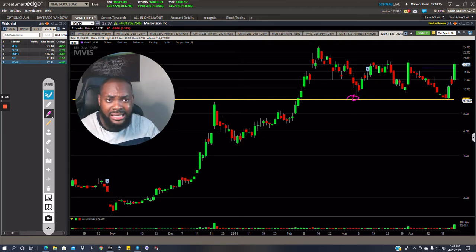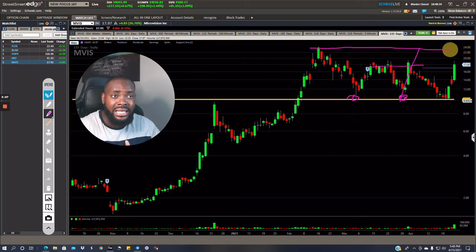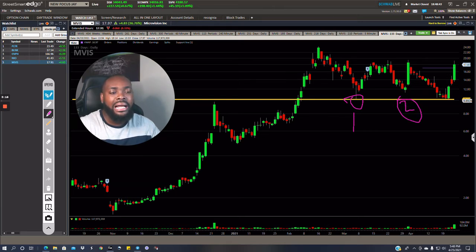So what we're ultimately saying is that if MVIS comes back down to $10 and bounces, there is a probability that there is a low risk trade right around the $10 level in anticipation of price moving back somewhere to the $17 or potentially to the $24 level, right? So when we look at it, we see MVIS bounce 1 time at 10, 2nd time around 10. And guys, look what happened earlier this week.